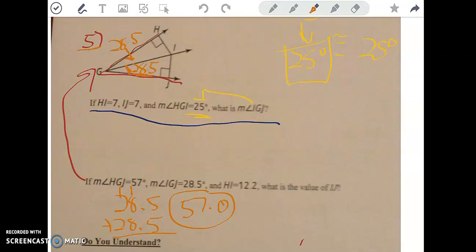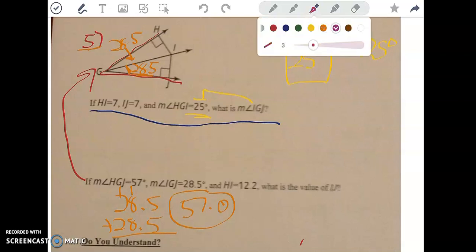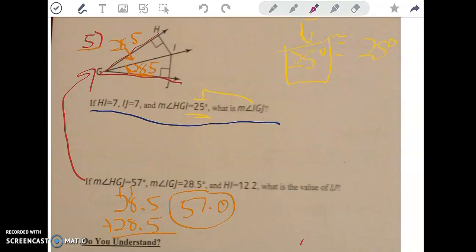Now that we know this is bisected, we can take our theorem that says if you have bisected angles, two angles that are the same, then these two lengths are going to be the same as well. So it says HI is 12.2.